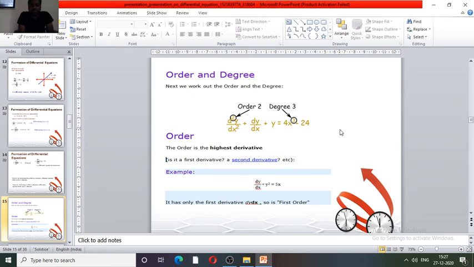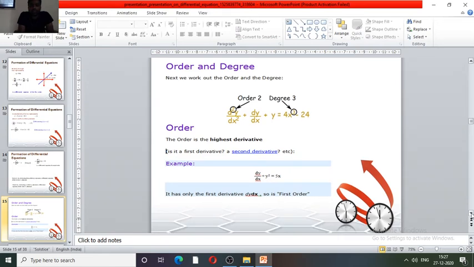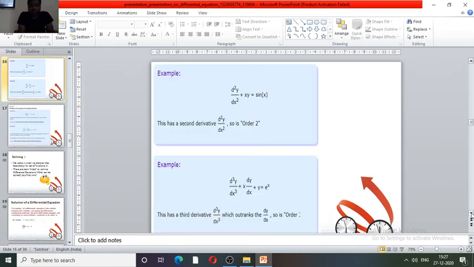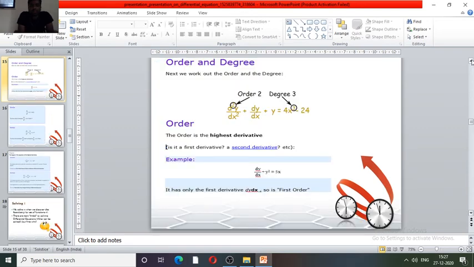If we want to find the order and degree of this differential equation, the highest order derivative is 2, so we say that the order of the given differential equation is 2, and the highest order derivative has power 1, so we say that the degree of this differential equation is 1.